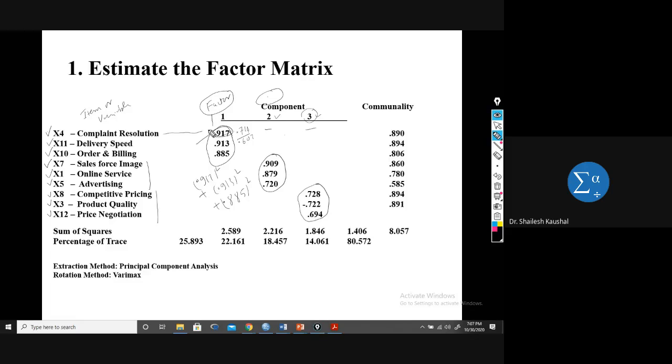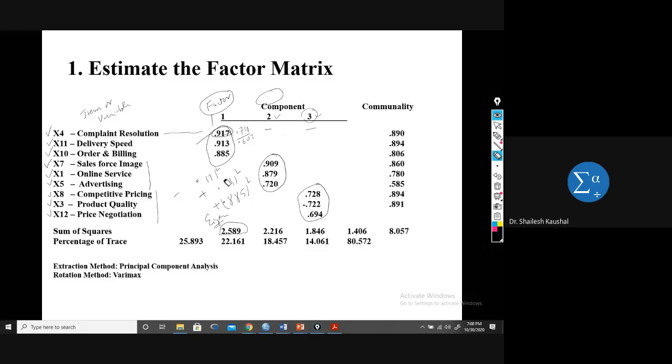Okay, and variance is basically nothing but the square of correlation. So when we sum all three variances, we get the sum of squares, and it is basically the eigenvalue. The eigenvalue is 2.589.